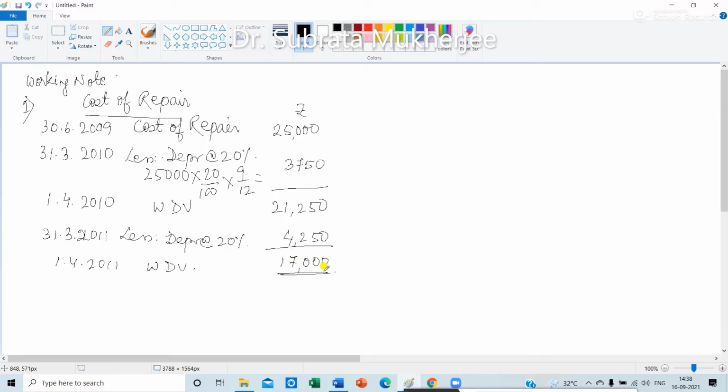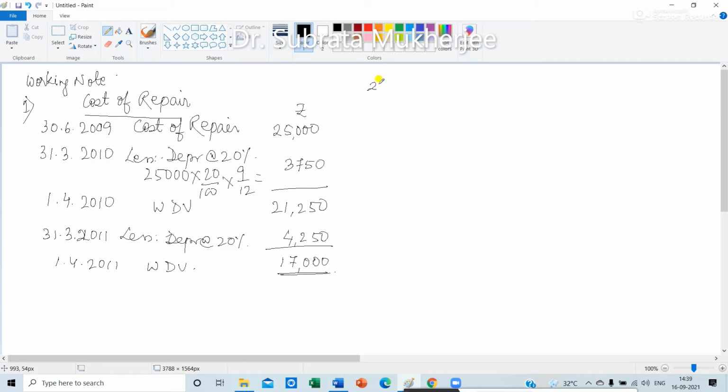So we are going to reduce the balance of rupees 5 lakh, which is given as the balance of plant and machinery on 1st April 2011, by rupees 17,000. This is working note number 1 for cost of repair.